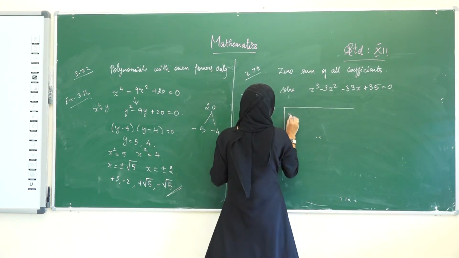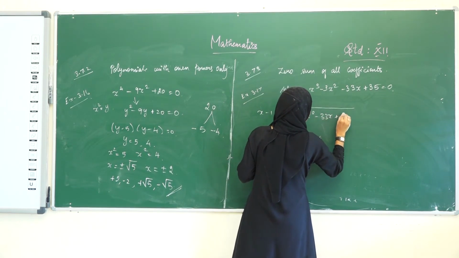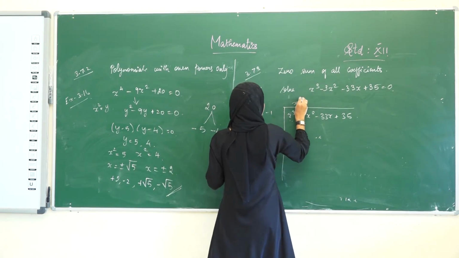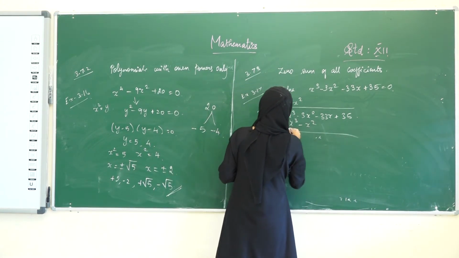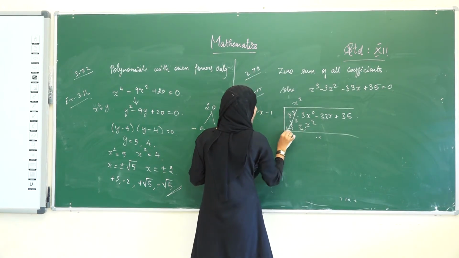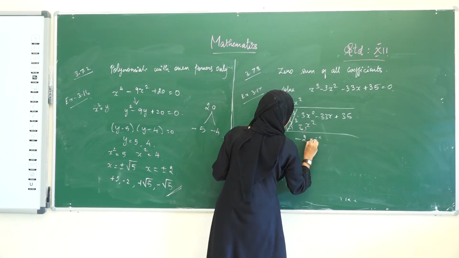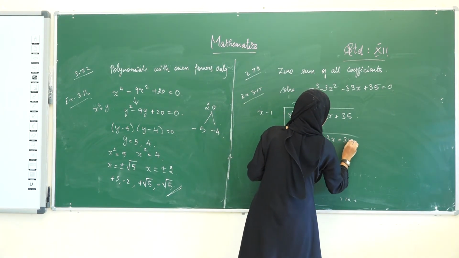x minus 1, x cube minus 3x square minus 33x plus 35. See, we consider the first term. Here it is x, here it is x square. Therefore, x cube minus x square. When we change the symbol, this term gets cancelled. Minus 3x square plus x square is minus 2x square, minus 33x plus 35.